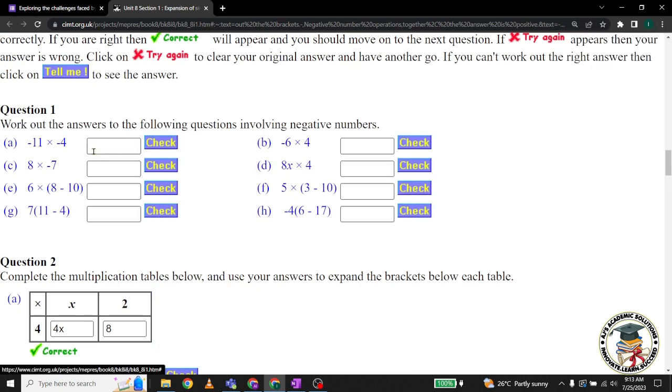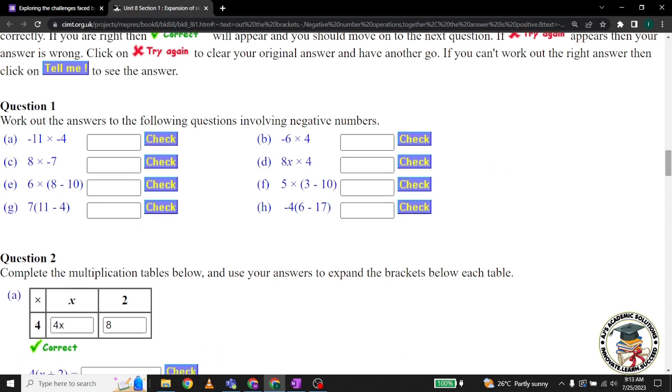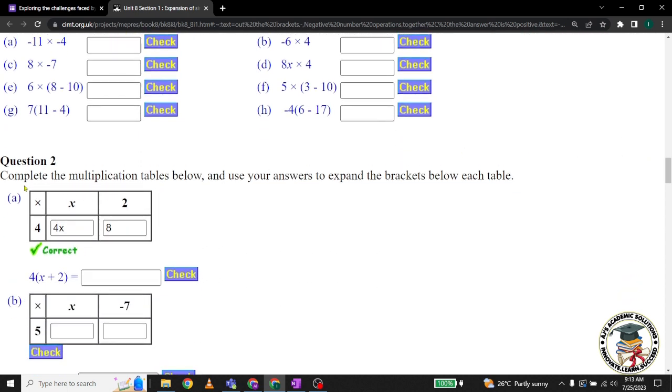So notice here we start off with working on negative and positives. Notice you have brackets as well. So you'll work these questions out on your calculator and you just enter your answers. So here I did one very simple one where it says complete the multiplication tables below and use your answers to expand the brackets below each table.